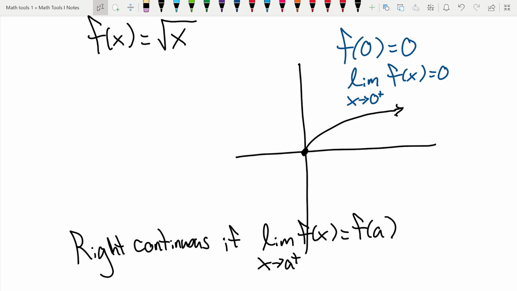But this function, we could say that it is continuous on 0 to infinity, 0 included. So, and this is the function's domain as well. So we would say the function is continuous on its entire domain, just like we do for the rational functions and the polynomial functions.